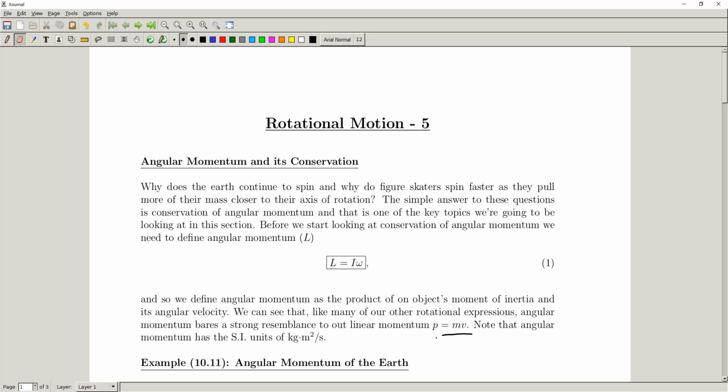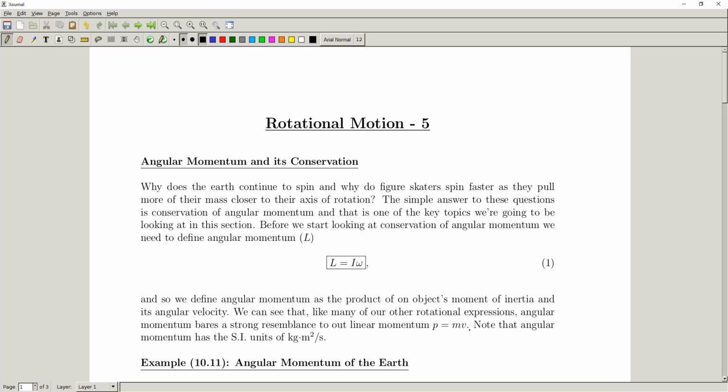Our linear momentum was equal to mass times velocity, whereas our angular momentum is equal to the moment of inertia, which often replaces our mass term when we go from linear to rotational, and our velocity is replaced by angular velocity, which is the similar replacement that we see when we go from linear to rotational.